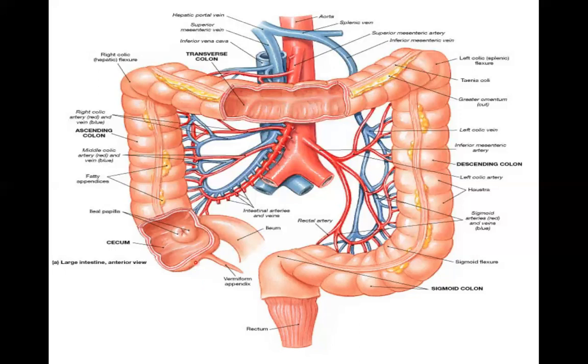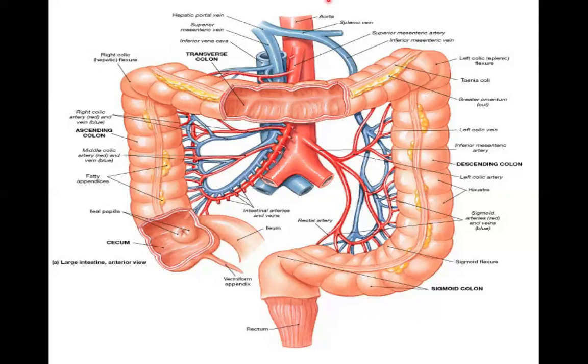The midgut part includes the caecum, the appendix, the ascending colon, the right colic flexure and the right 2/3 of the transverse colon. It is supplied by sympathetic fibers from T10 to L1, from the celiac plexus and the superior mesenteric plexus, and the parasympathetic is from the vagus.